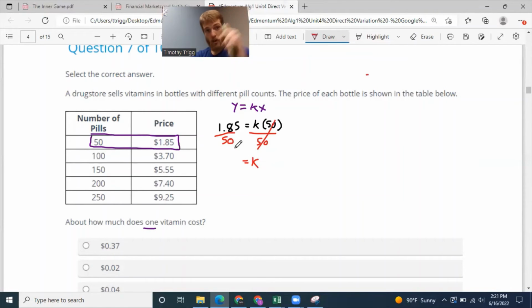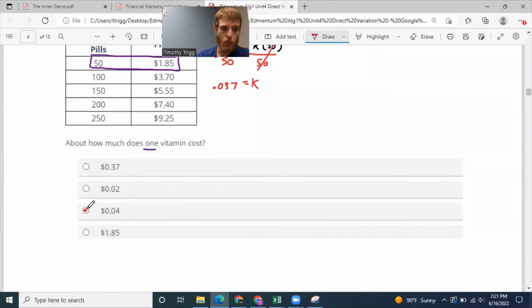And we can go ahead and use our calculator to find a decimal answer, 1.85 divided by 50. All right, it looks like I got 0.037. So in terms of money, that's about between 3 and 4 cents, essentially, but closer to 4 cents for one pill.